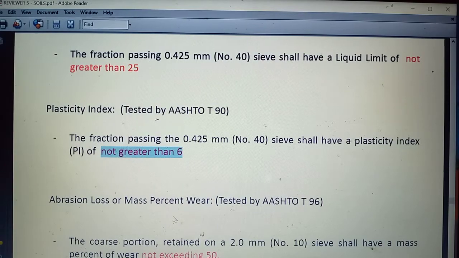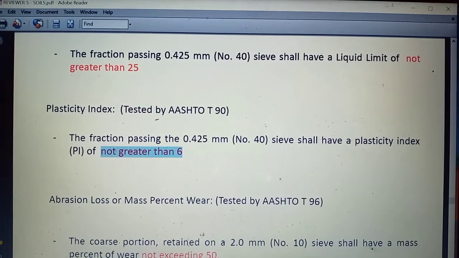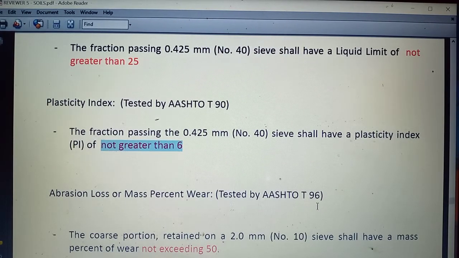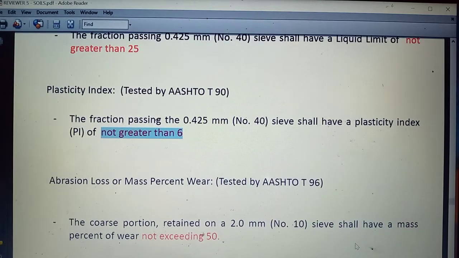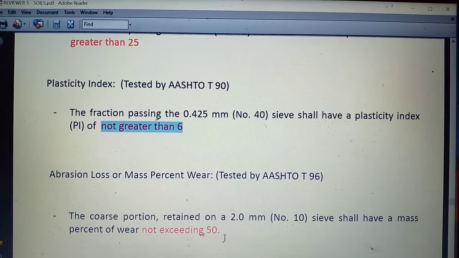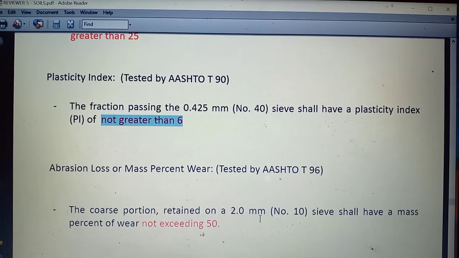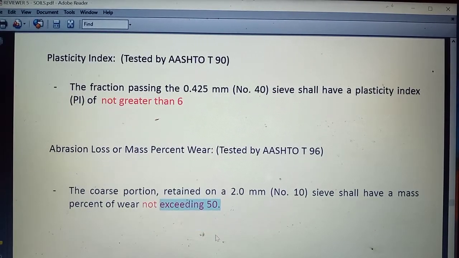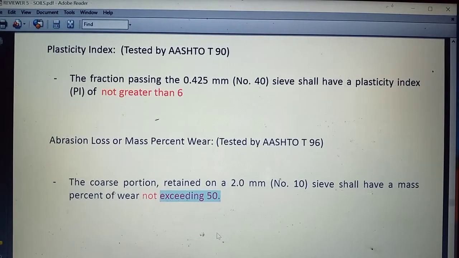So, speaking of abrasion or mass percent wear, governed by AASHTO T96, it shall not exceed 50. What is retained on the number 10 or 2 mm sieve, okay? Its wear should not exceed 50.